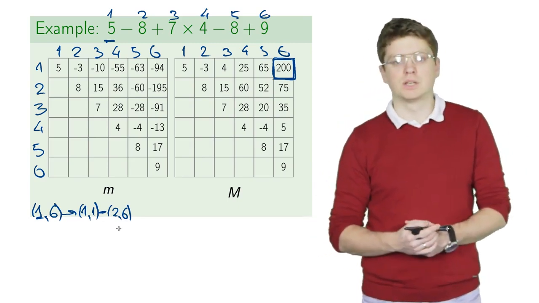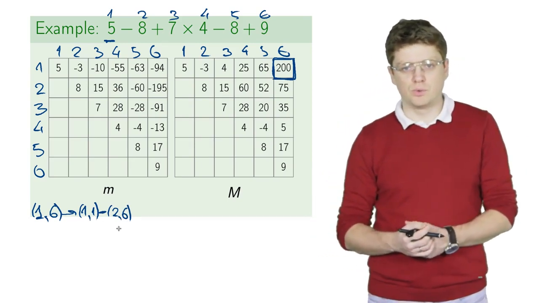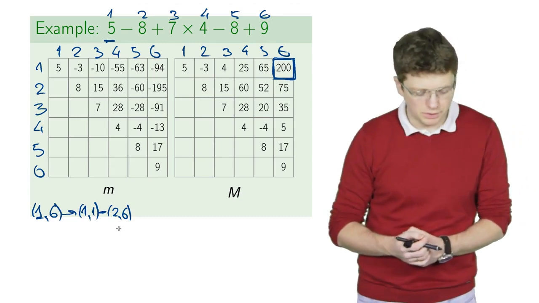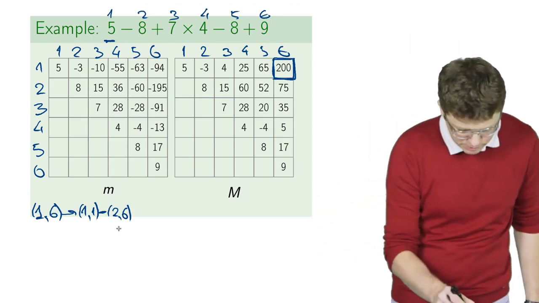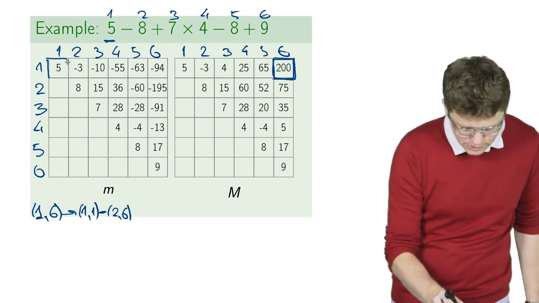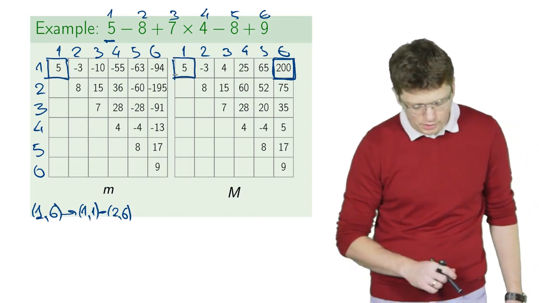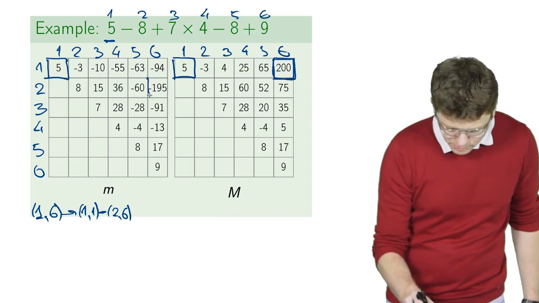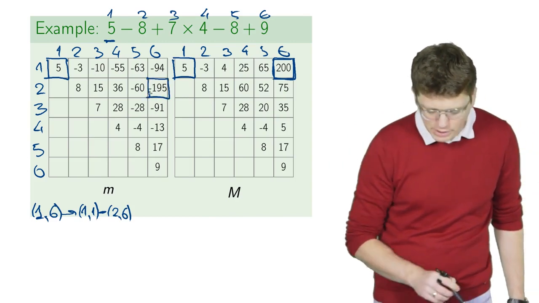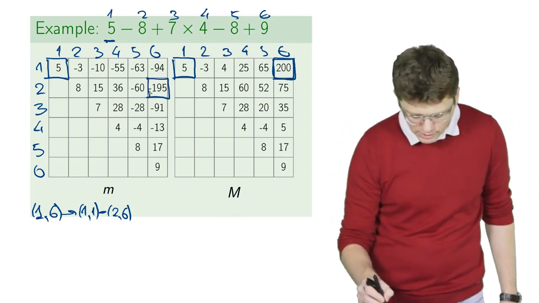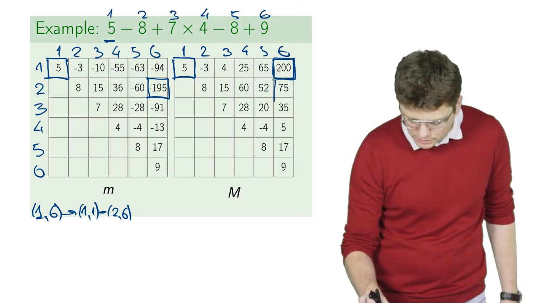So for both these two sub-expressions, we already know minimal values and maximal values. Let me mark them. This is the minimal value for sub-expression 1, this is the maximal value for sub-expression 1. For 2,6, this is the minimal value, minus 195, and this is the maximal value, 75.